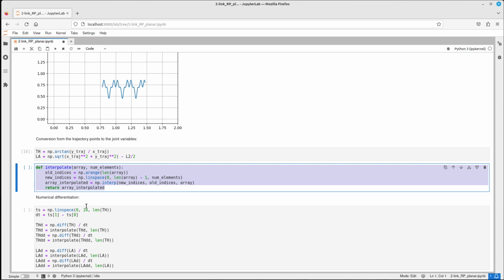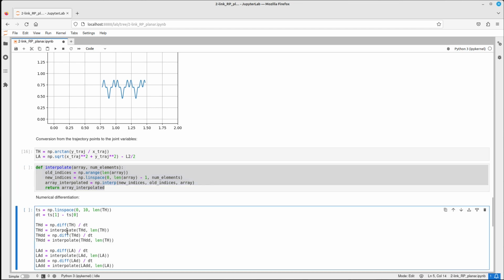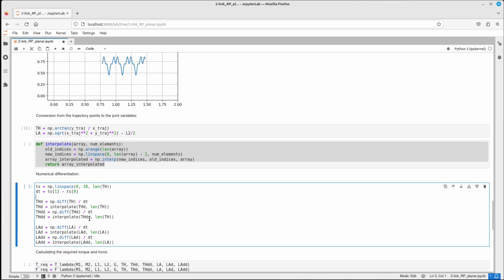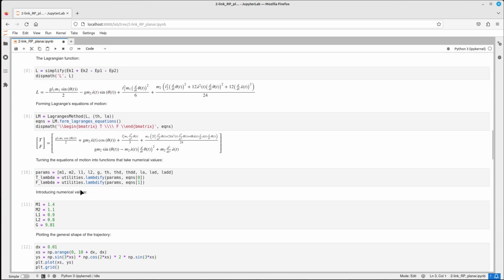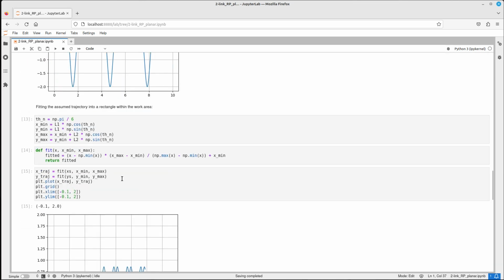In order to make up for that loss, we use that interpolate function to get the same number of elements, because when we want to use this lambdified function, we have to provide the same number of elements for each of those parameters, right?